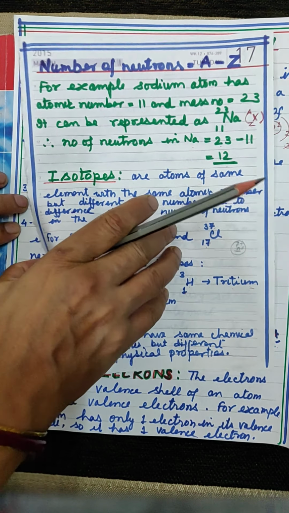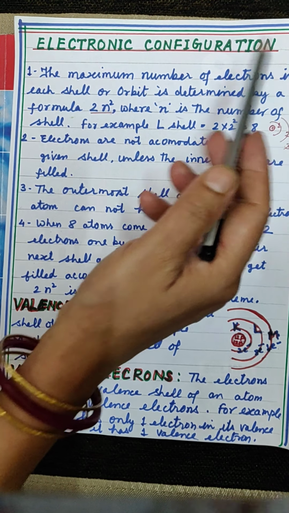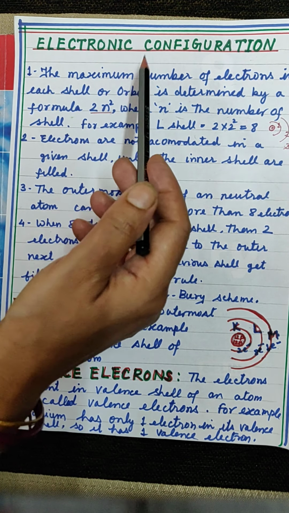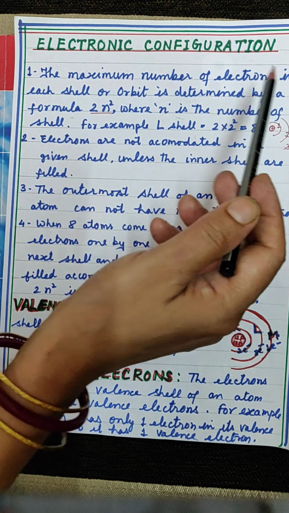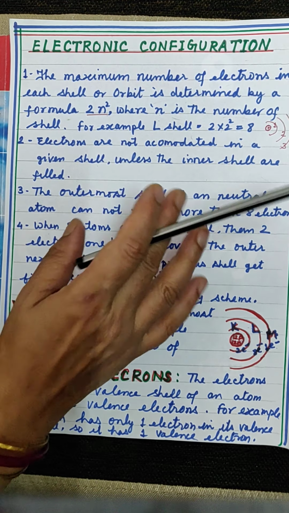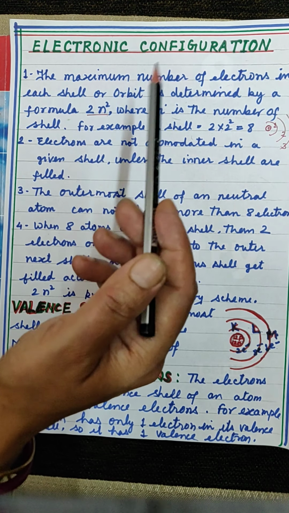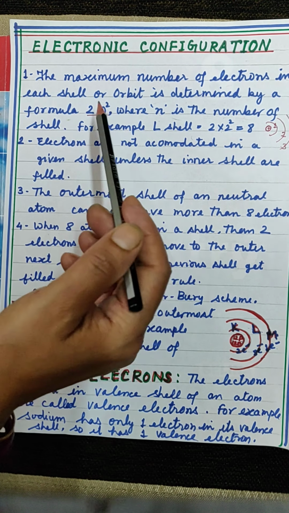Let's learn how to write the electronic configuration of an element. You already know that the arrangement of electrons in various orbits of an element is said to be its electronic configuration. There are certain rules for writing electronic configuration.